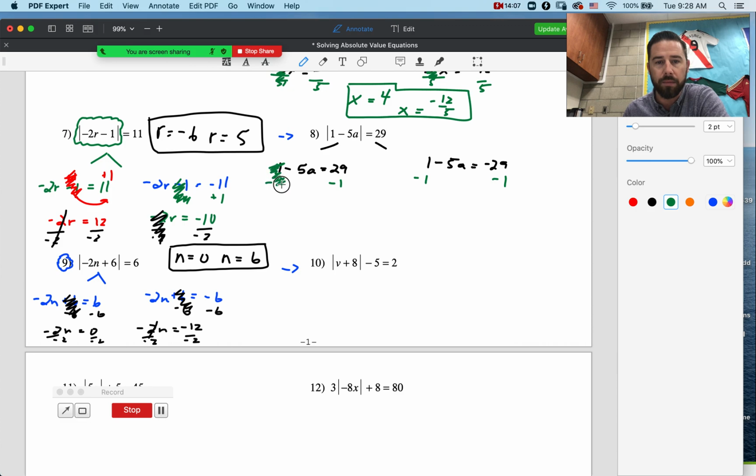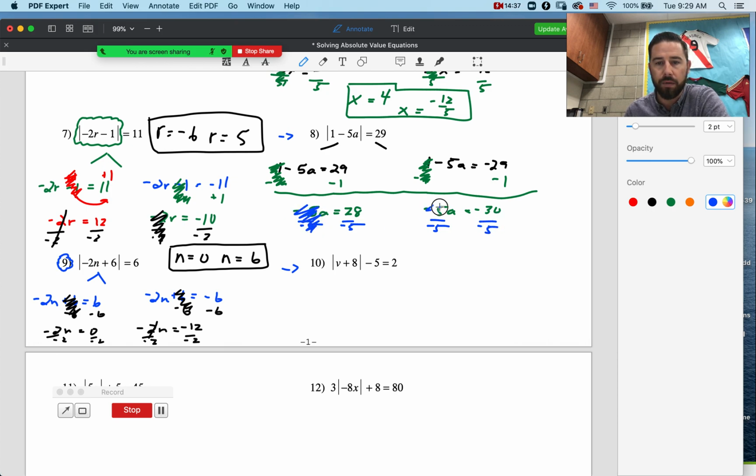Okay, that's gone. That's gone. And it looks like we have negative 5a equals 28. Over here we have negative 5a equals negative 30. Okay, divide by negative 5, negative 5, negative 5, and let's see what happens.